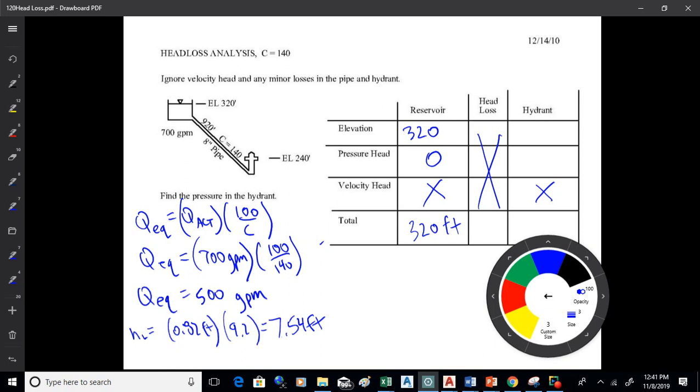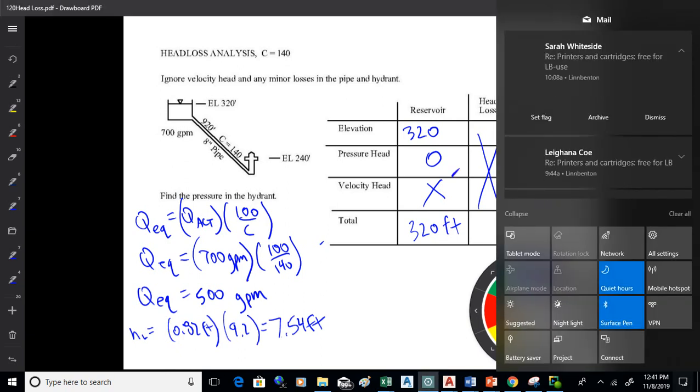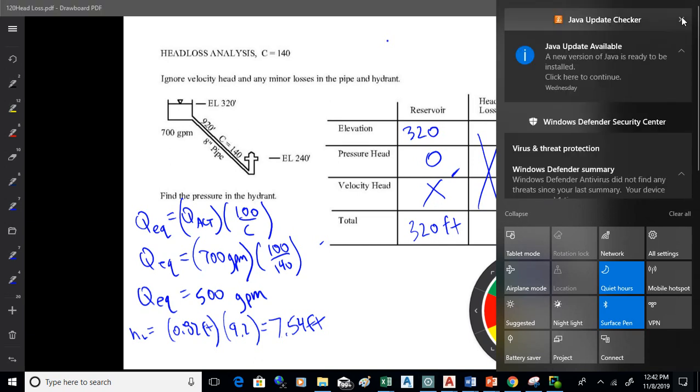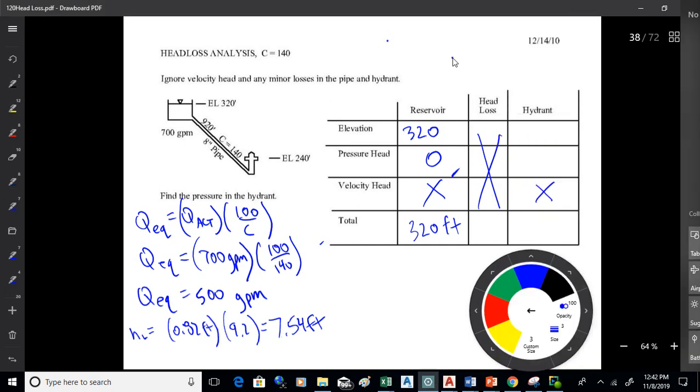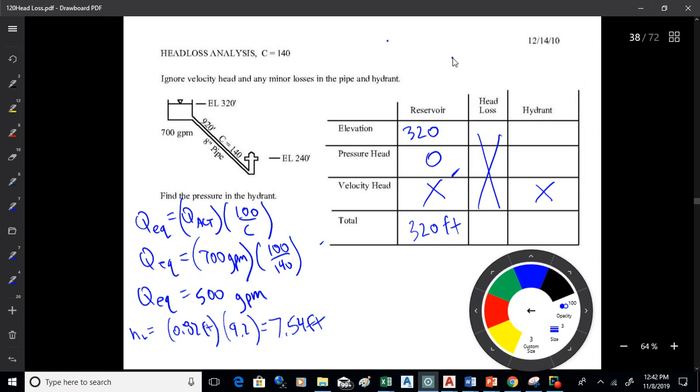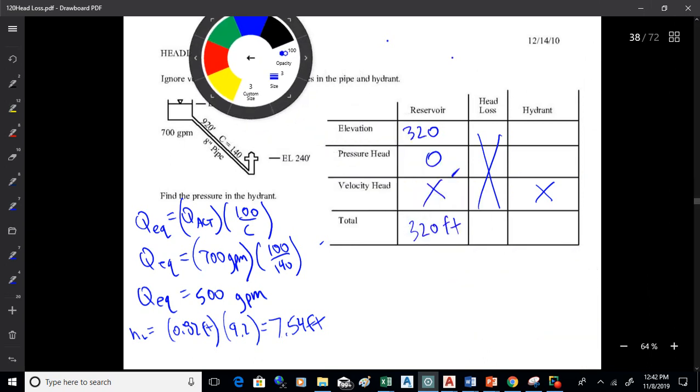So we're going to subtract that, minus 7.54, and what we end up with is 312.46 feet.